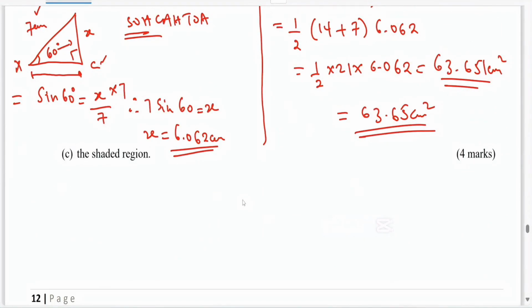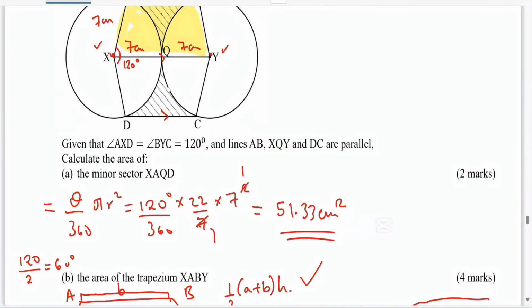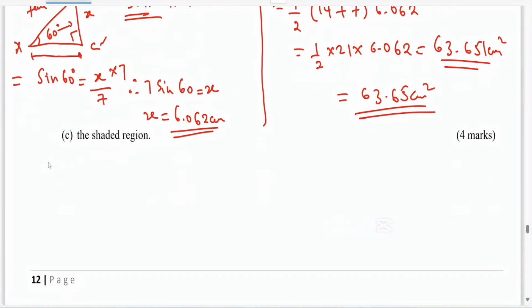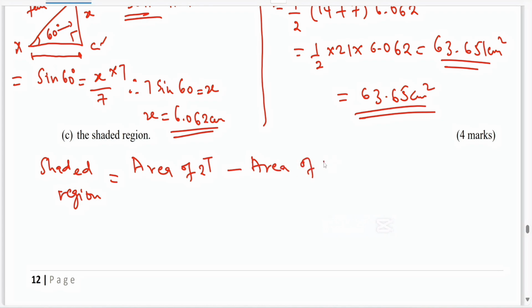So let's say the shaded region, which is this. So the shaded region for this is on V. So for you to get the shaded region, utachukua ile area ya trapezium mbili, area of two trapeziums minus area of two sectors.